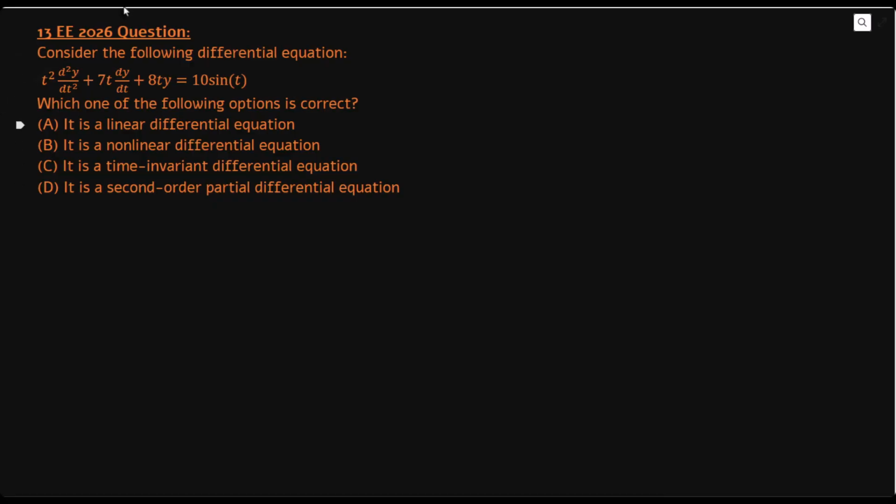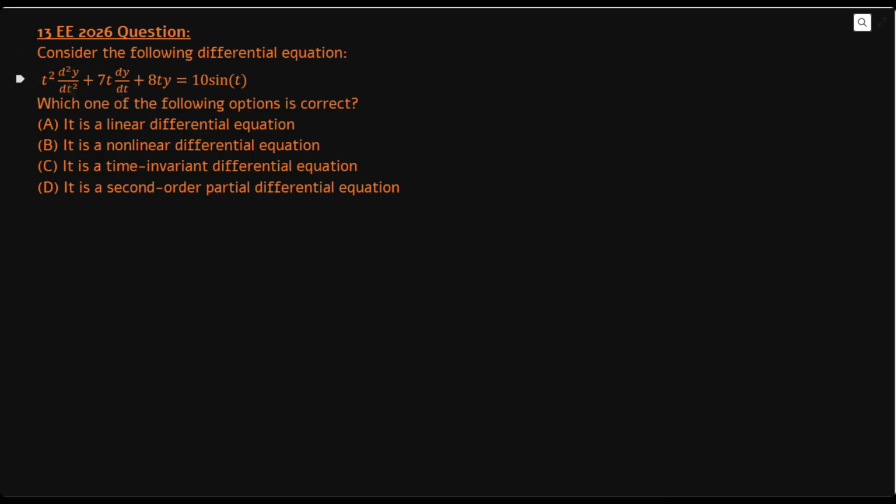The first thing, is this a linear differential equation? Well, it may seem to you that this is not the case because we have t squared, but actually a linear differential equation simply means that all the derivatives are raised to a power no higher than 1.